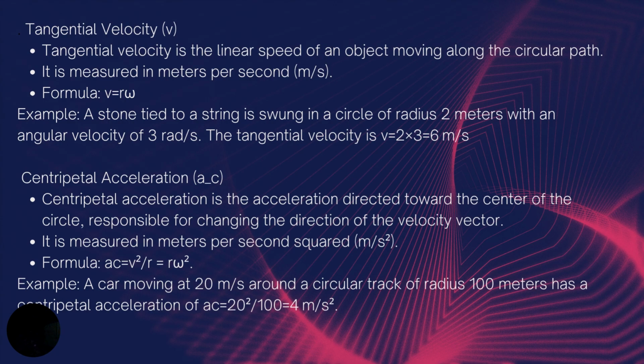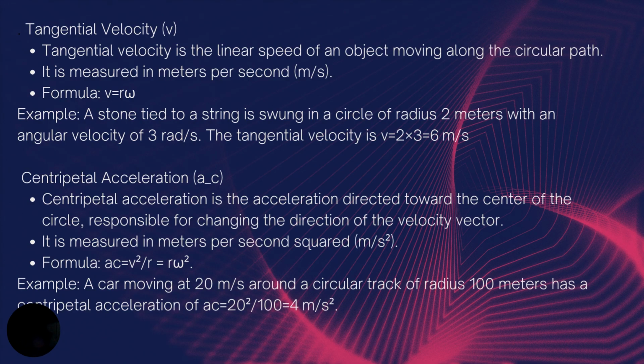Now, if you substitute the tangential velocity v equals omega r into the formula for centripetal acceleration, v squared over r, then we are going to have (r omega) squared divided by r.